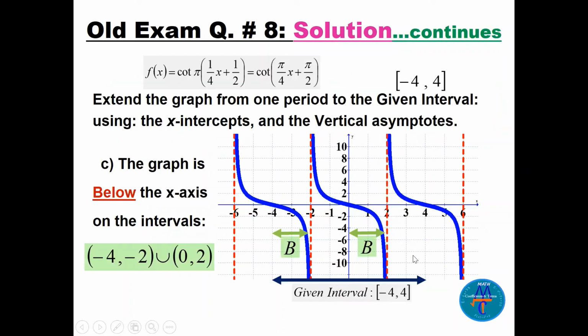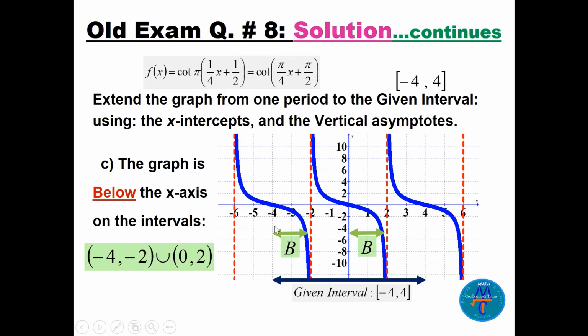Let's see the last part. Now, in the same interval, minus 4 to 4, we have graphed 1 period at the beginning. Now we can draw 3 periods here, just to see the interval minus 4 to 4. This is minus 4 to 4. We have drawn at the beginning from minus 2 to 2, 1 period. Now the graph is below the x.